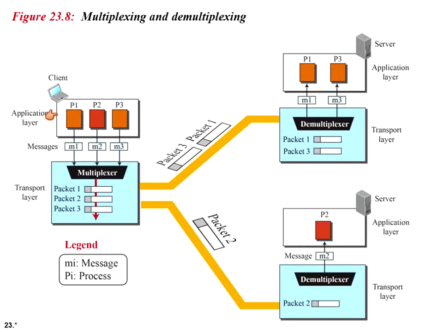Now when they arrive at the server, the transport layer does the job of demultiplexer and distributes the messages to two different processes. Now the transport layer at the second server receives packet 2 and delivers it to the corresponding process.